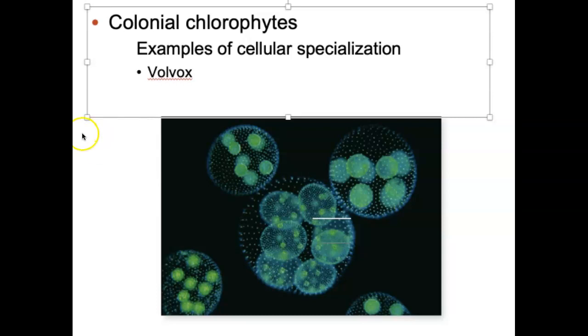So this kind of soccer ball looking thing here, the circle or this one here, these are thousands of Volvox cells all aggregated together. The outer cells form a protective bag, and then the cells on the inside start undergoing meiosis to produce new daughter cells.